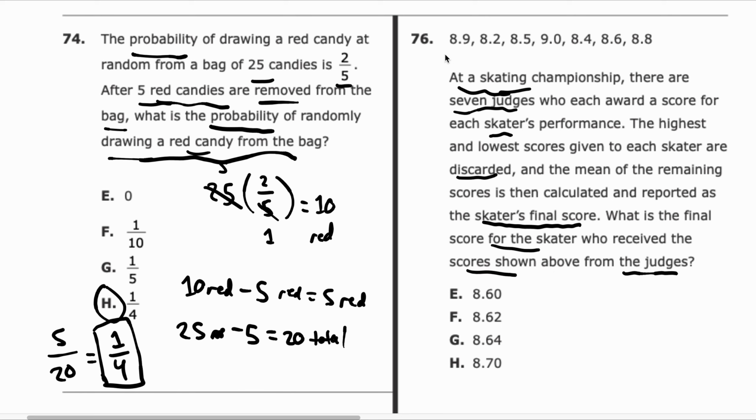Okay. So to get the final score, first we remove the high and low score, and then we take the average or mean of our remaining scores.